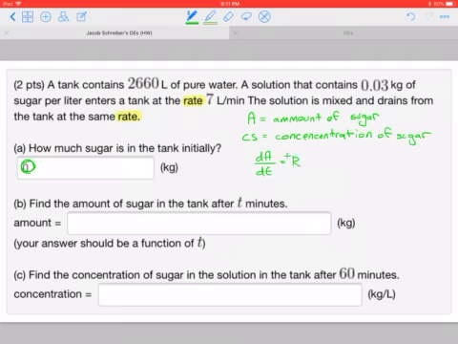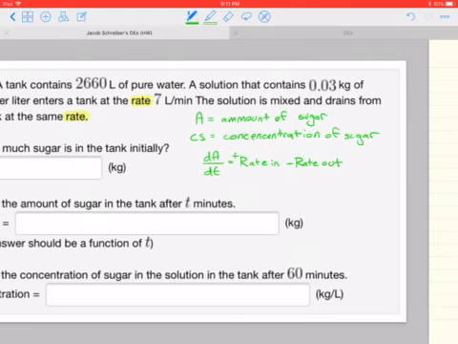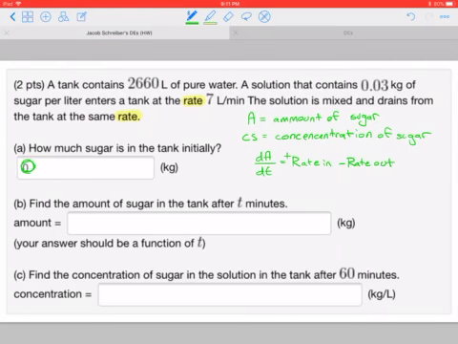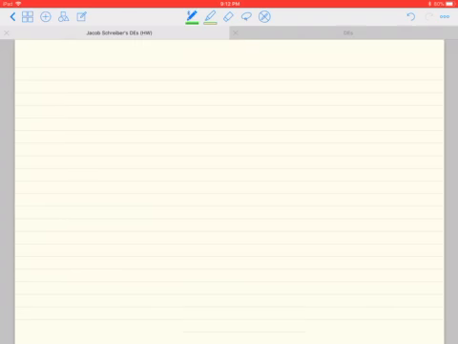So we know that the rate in, and this is actually a positive coefficient here, it's hiding initially, and then that's subtracted by the rate out. Okay, so now that we have some form of differential equation here, we'll begin to solve for the rate in and the rate out. Let's restate this here: dA over dt equals rate in subtracted by rate out.